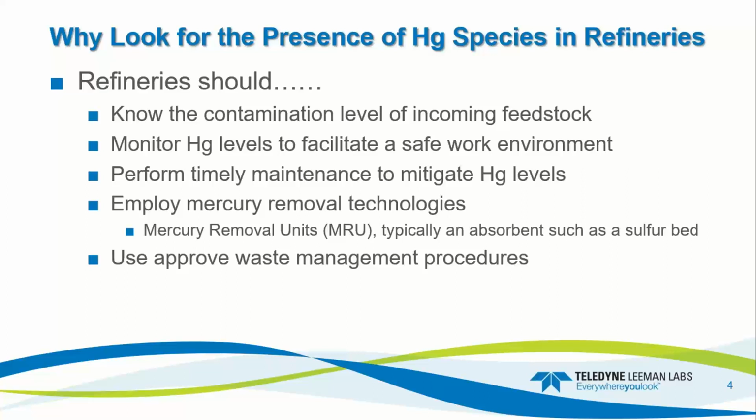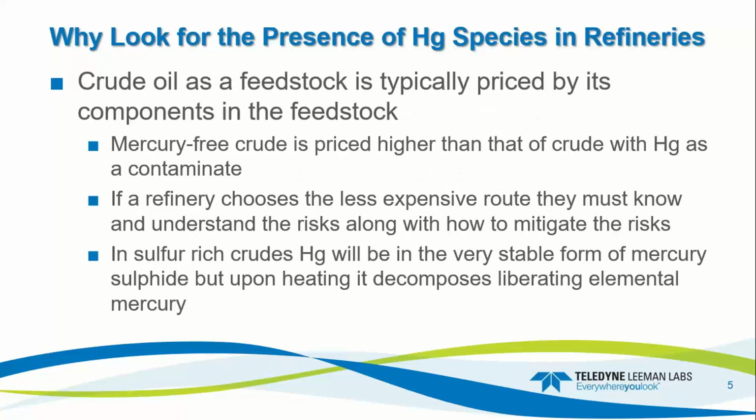Most of them also employ mercury removal technology. An MRU, a mercury removal unit, could be something like a sulfur bed or that type of technology to remove mercury in the feed streams. And they also use approved waste management procedures for mitigation of waste within the refinery itself.